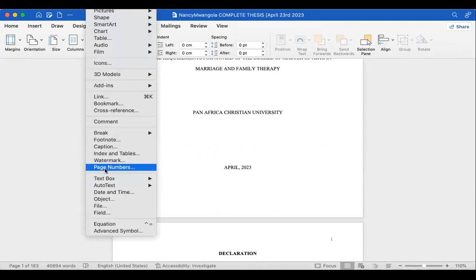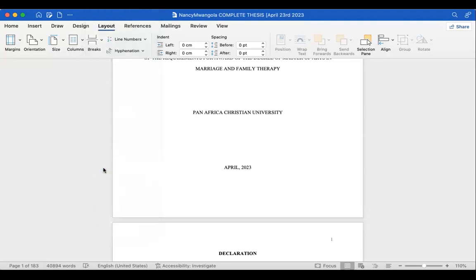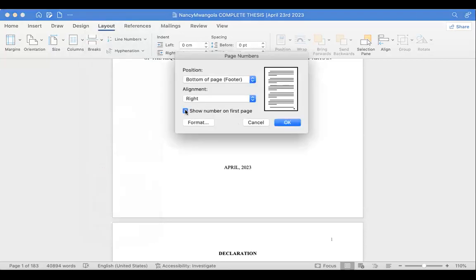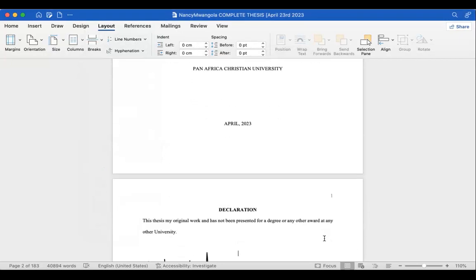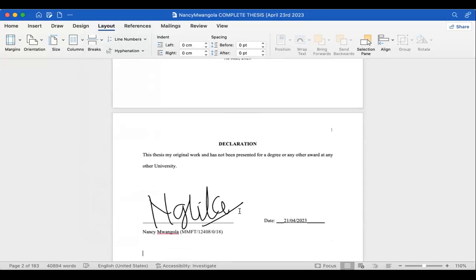You come to page numbers here, click "don't show on the first page," and make sure that all your page numbers are in the top header, APA style, left to right here, and then you click OK. So they will start just like this, page number 1 here, where it is declaration.